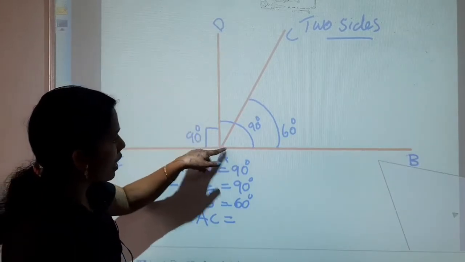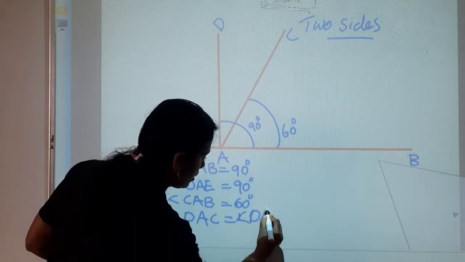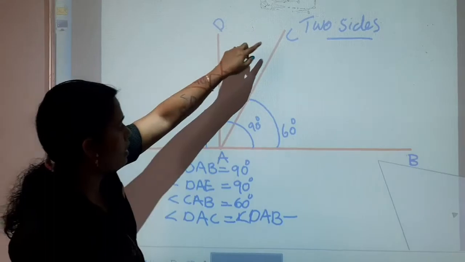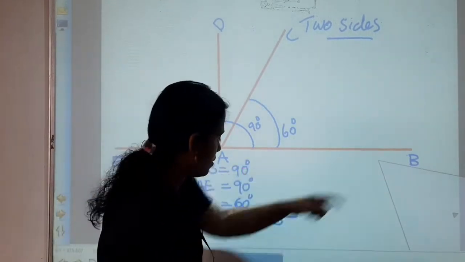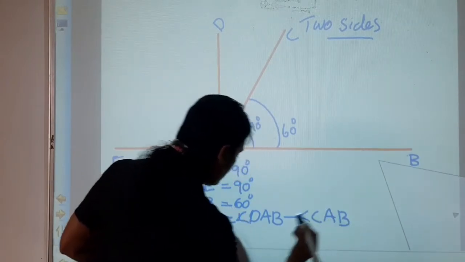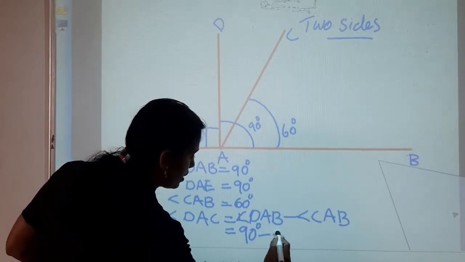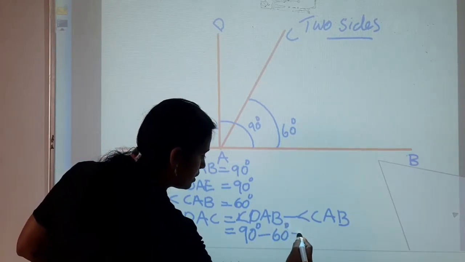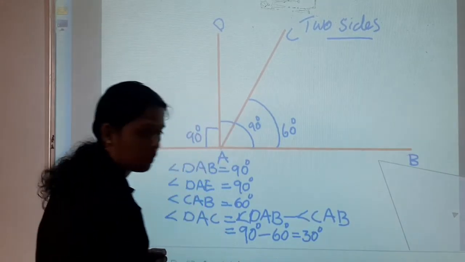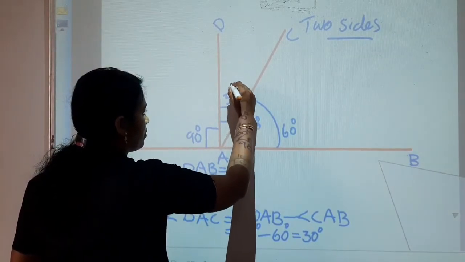Angle DAB, 90 degree minus angle CAB is equal to 90 degree minus 60 degree is equal to 30 degree. Okay, so this angle is 30 degree.